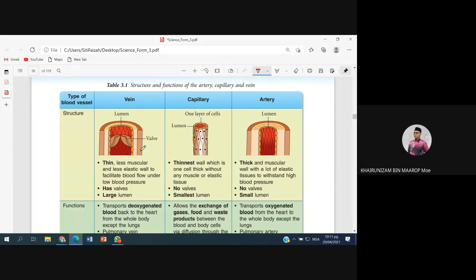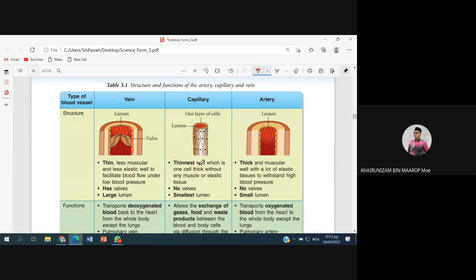And then the capillary. If you look at the diagram of the capillary, the wall is only one cell thick, the thinnest wall.